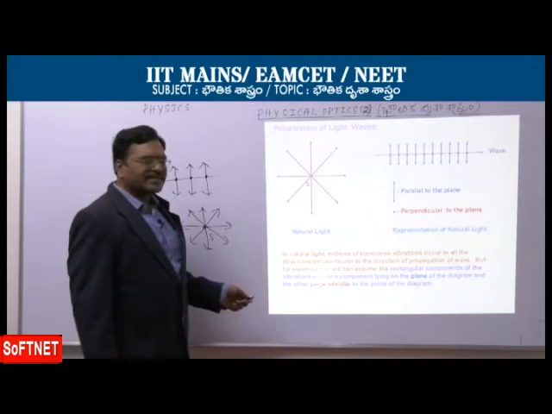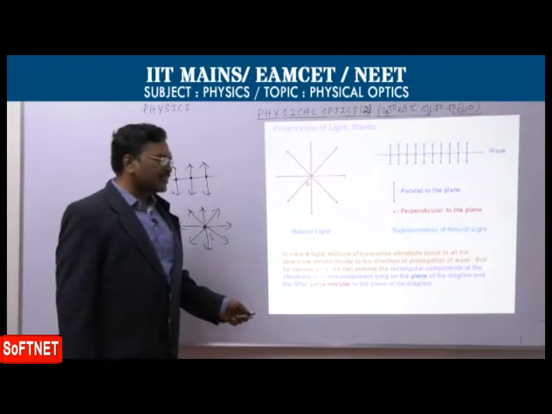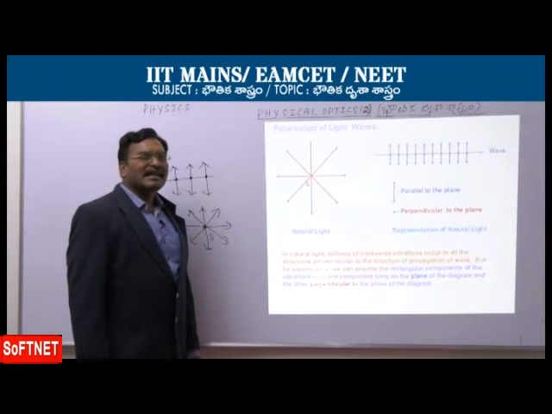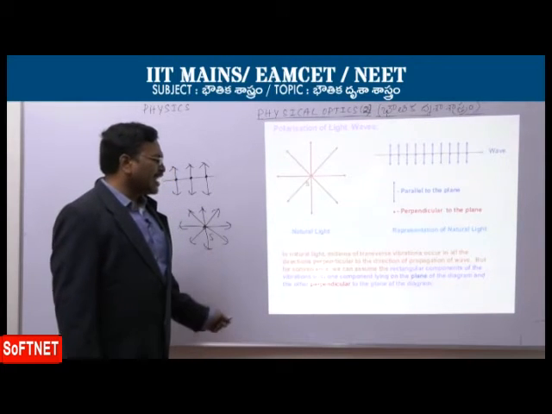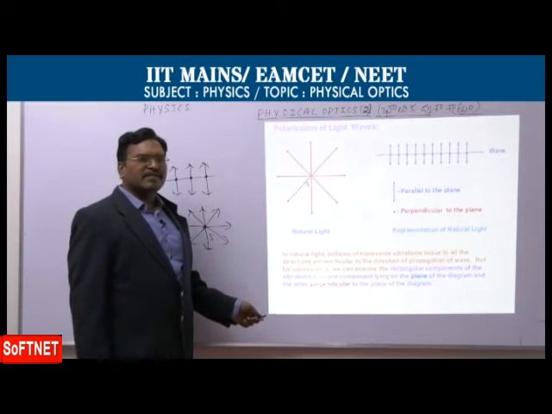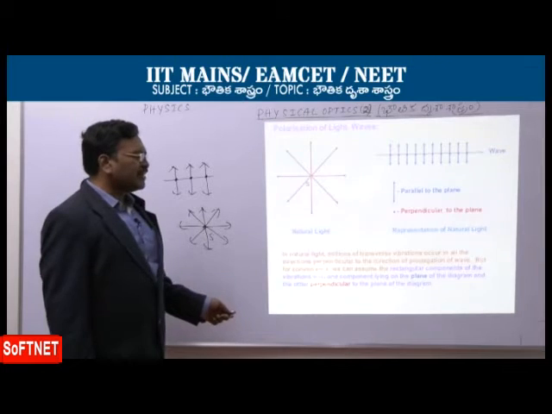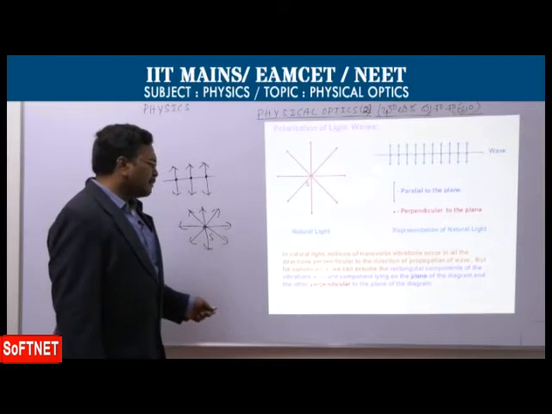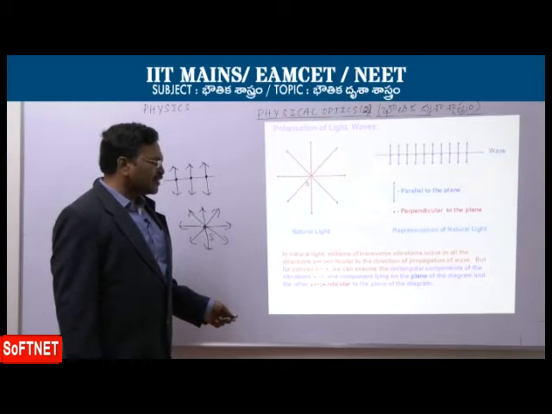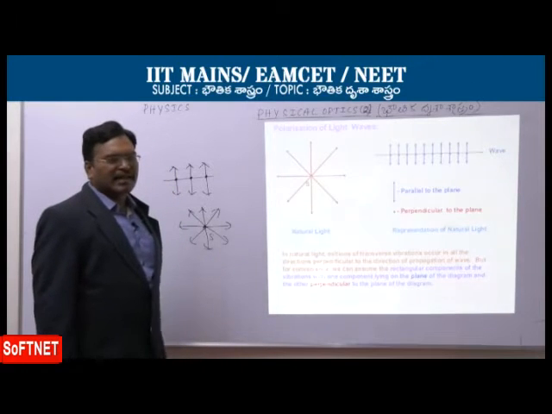In natural light, millions of transverse vibrations occur in all the directions perpendicular to the direction of propagation of the wave. Already I told you that light waves are transverse waves. But for convenience, we can assume rectangular components of vibrations, with one component lying in the plane of the diagram, the other perpendicular to the plane of the diagram.